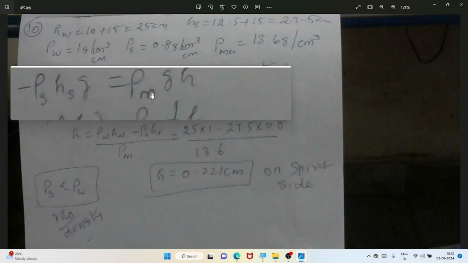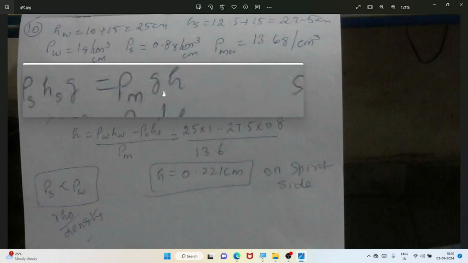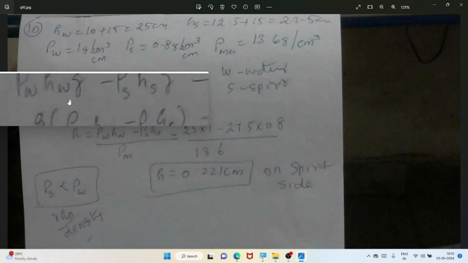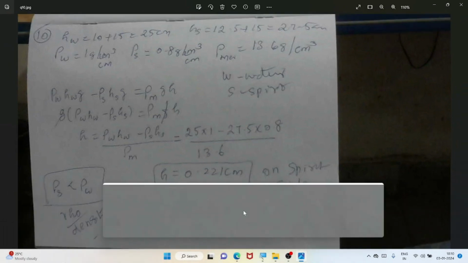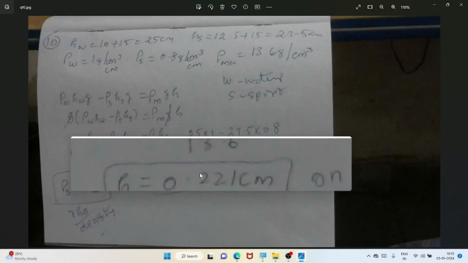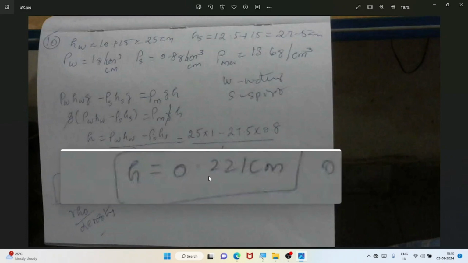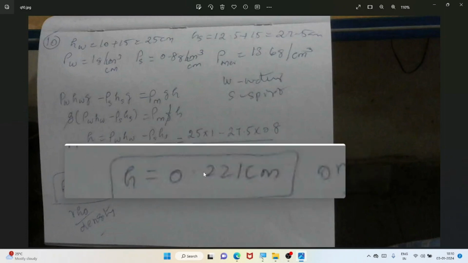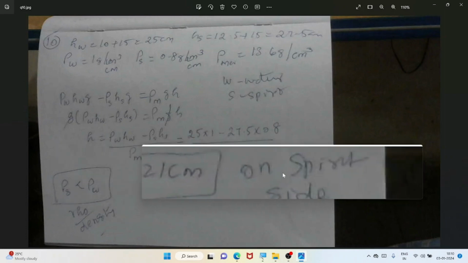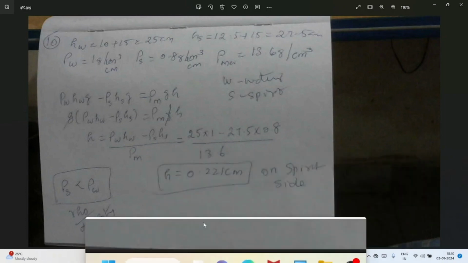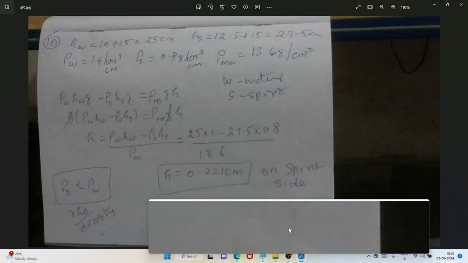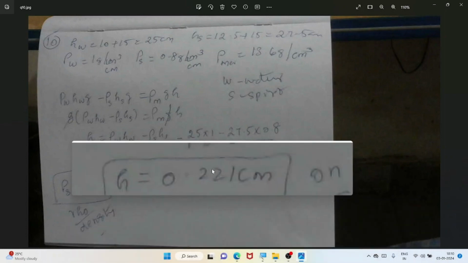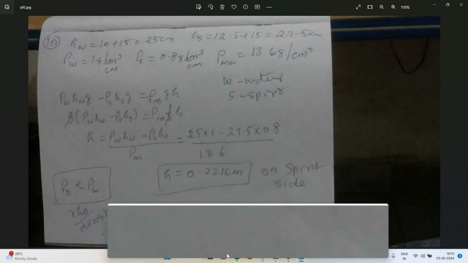Again use the difference in h of the mercury equal to the difference in pressure of the water and spirit. After equating, you will see the height of the mercury difference is this. On the spirit side, the density is less than water, so the height will be more at the spirit side.